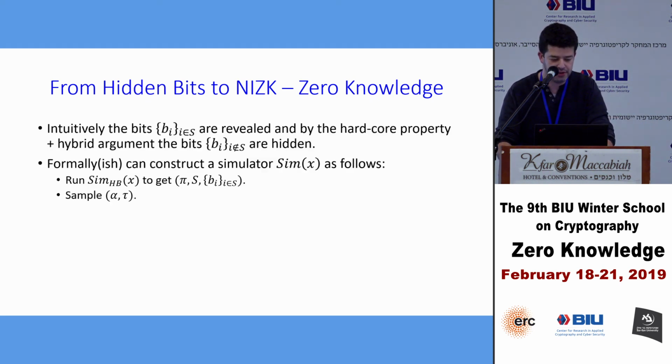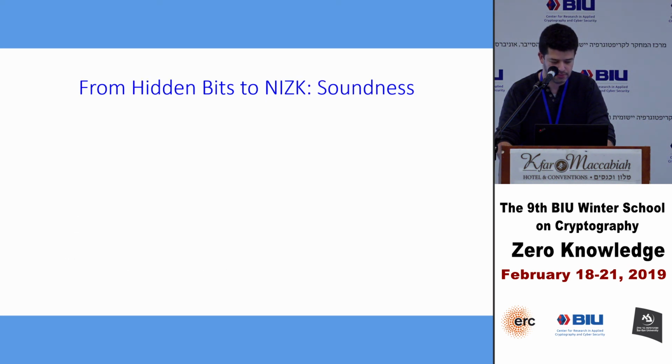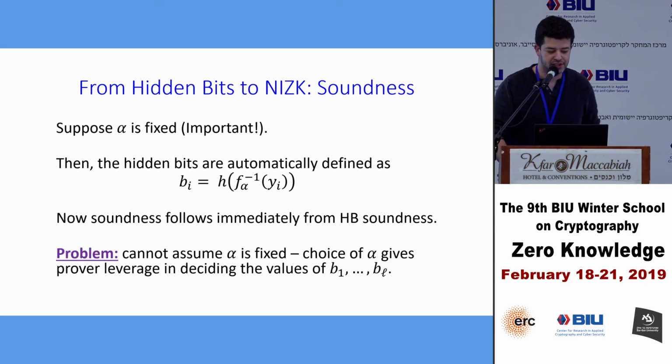And indeed, soundness holds for this fixed alpha, but if the prover has the flexibility of choosing alpha by itself, for every alpha there's a different sequence of hidden bits on which it can potentially decide to cheat.